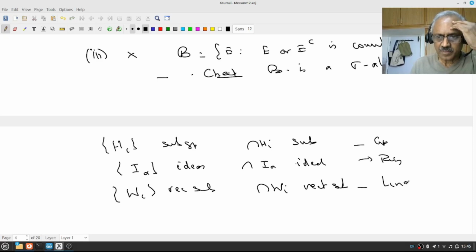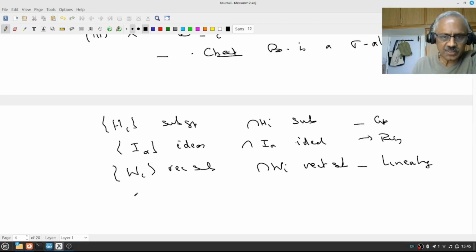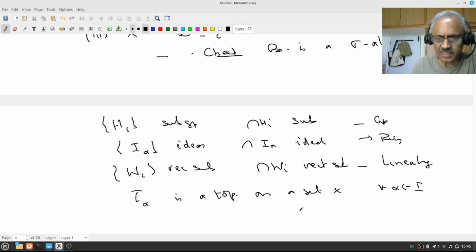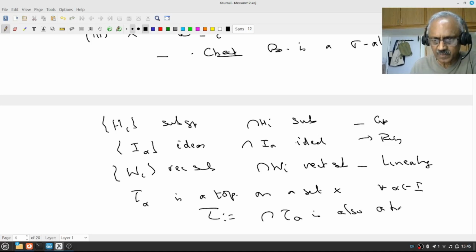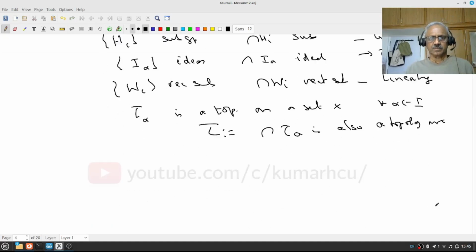And in module theory, something similar. In topology also you have seen that if tau_alpha is a topology on a set X for each alpha in some indexing set I, then tau equal to the intersection of tau_alpha is also a topology on X. So now can you guess what I want to say?